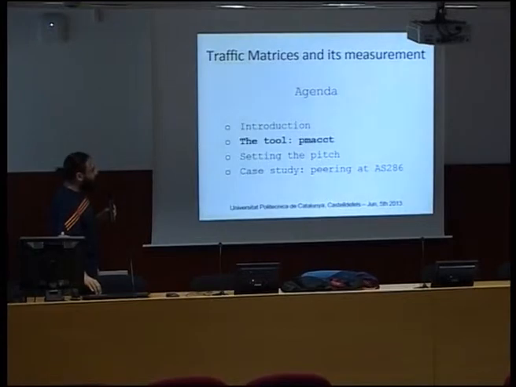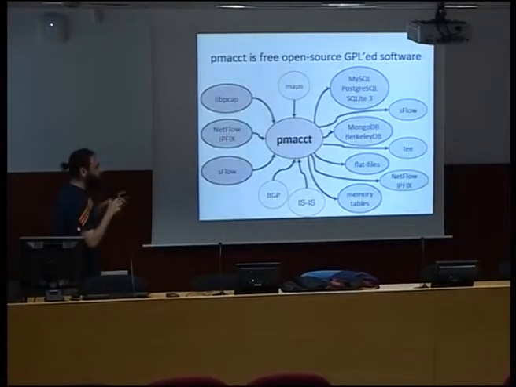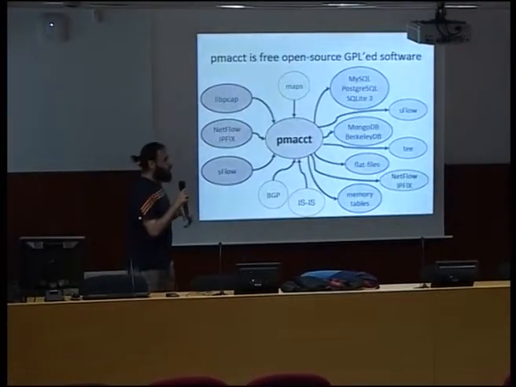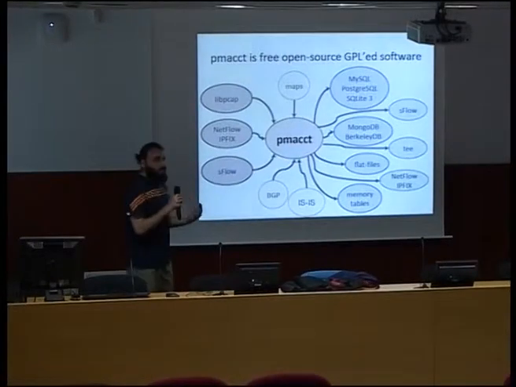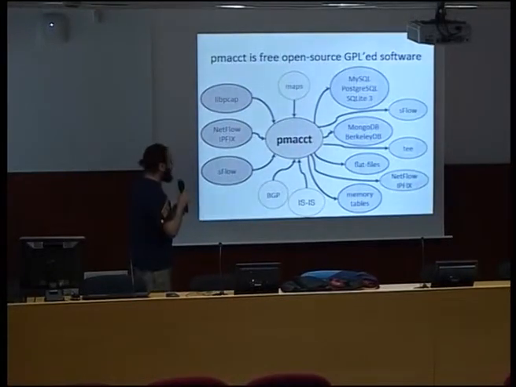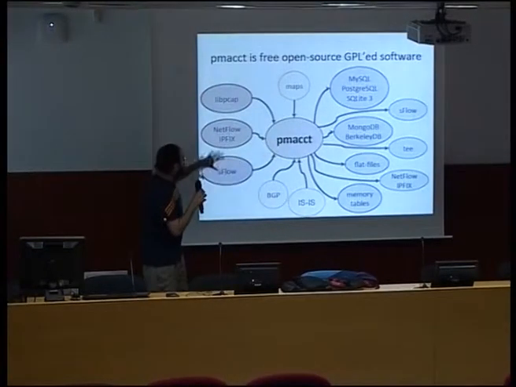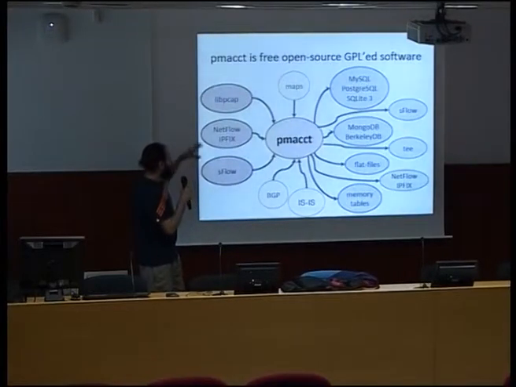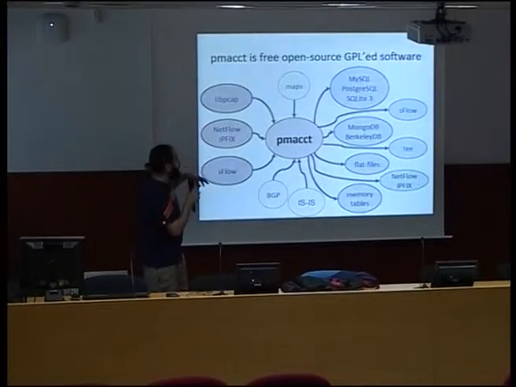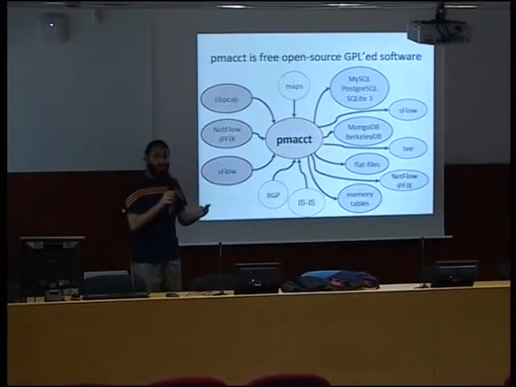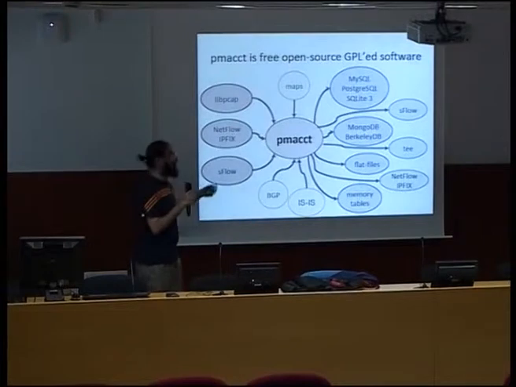So let's take a step back, before getting into other technical things. Let's talk about pmacct, the tool that I authored, and what it can do for you when we speak about traffic matrices. pmacct sits in the middle, and on one end you have data capturing methods, for example NetFlow, sFlow, or libpcap. libpcap is the library where you can mirror traffic off a switch, for example, and then deliver that to pmacct.